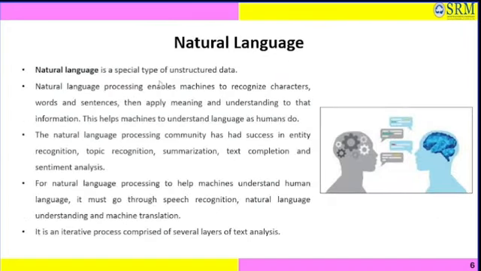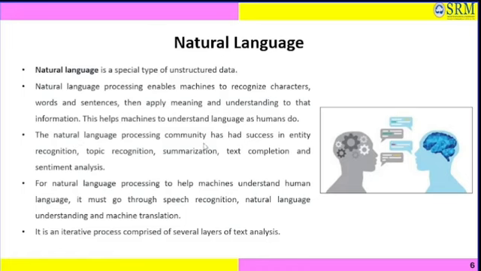Natural language. It is a special type of unstructured data. Natural language processing enables machines to recognize characters, words, and sentences, then apply meaning and understanding to that information. This helps machines to understand language as humans do.